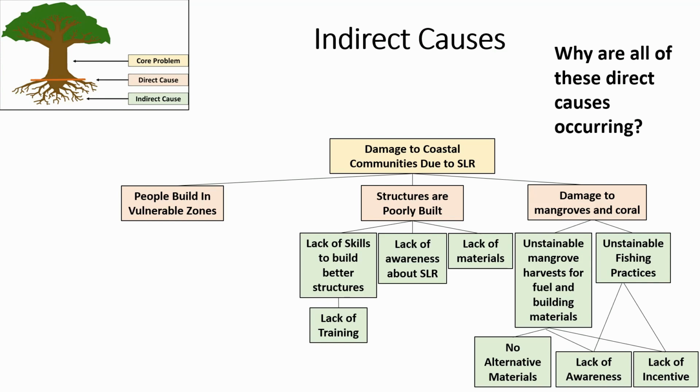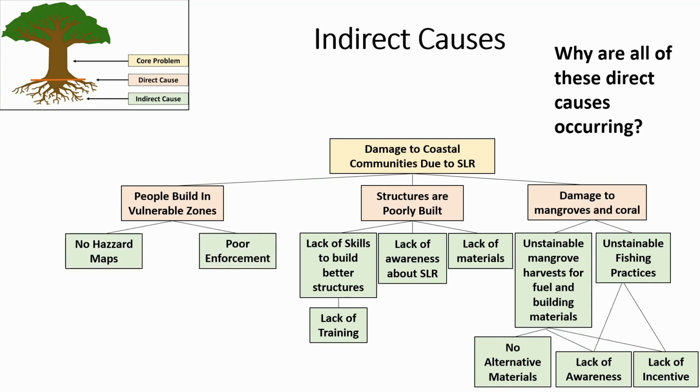But what this allows us to do is to come up with an evidence-based approach to addressing the core problem. So we're not pulling the interventions, the activities out of thin air for our project. We have a good rigorous process for identifying what the project ought to do.